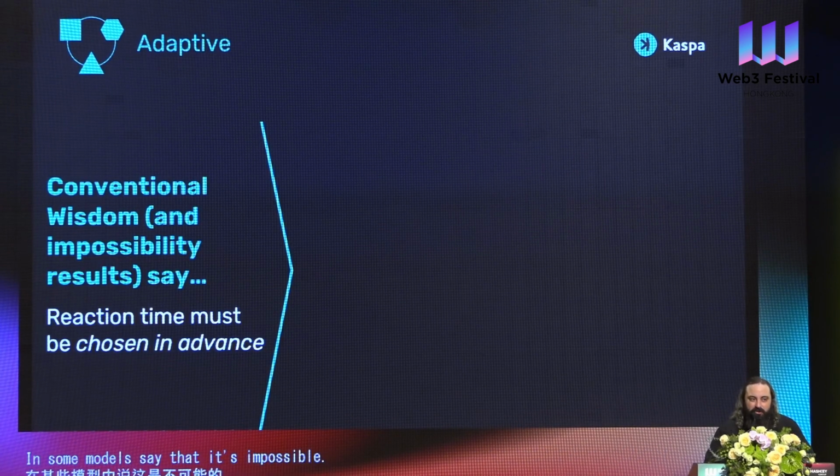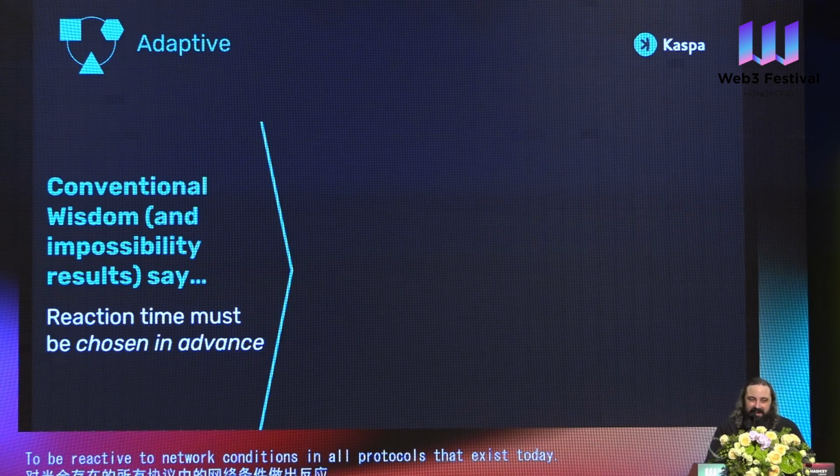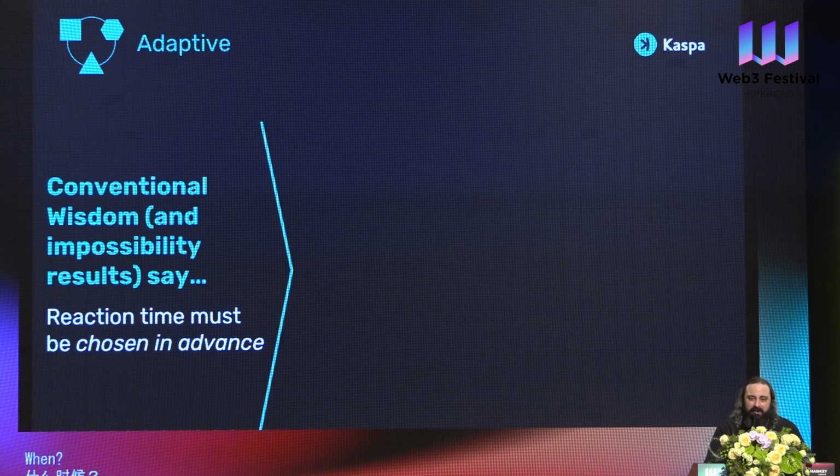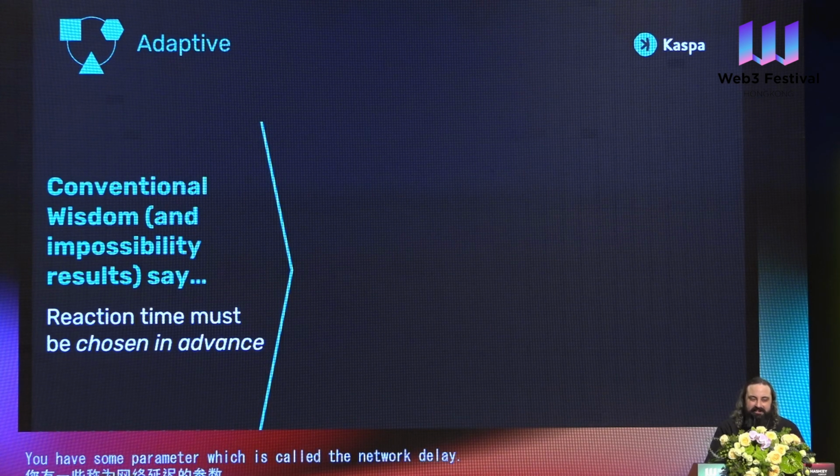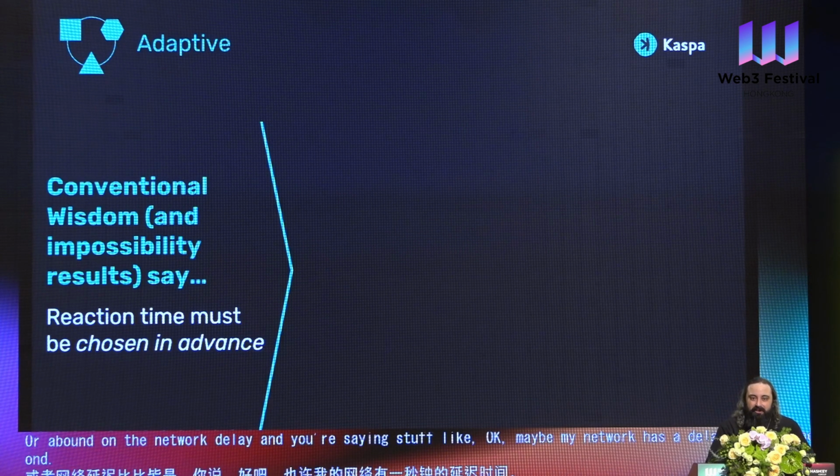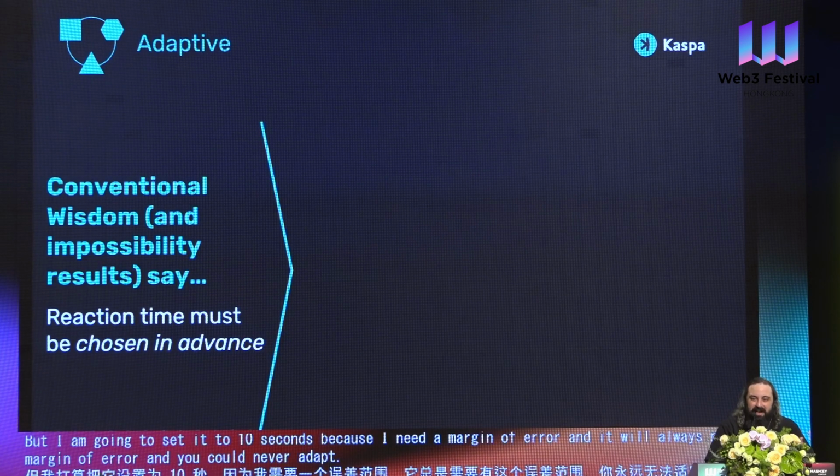In all protocols that exist today, when you launch the network, you have some parameter, which is called the network delay, or a bound on the network delay, and you're saying stuff like, okay, maybe my network has a delay time of 1 second, but I'm going to set it to 10 seconds because I need a margin of error, and you will always need to have this margin of error, and you could never adapt. The only way to adapt is to do a hard fork and reparameterize the protocol.